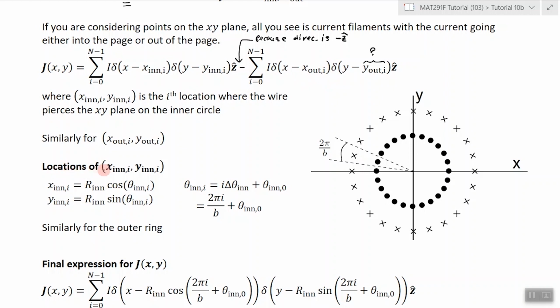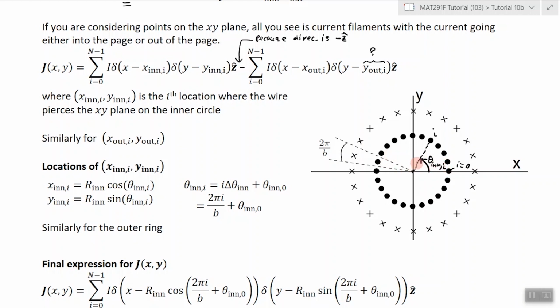Let's start with the locations for the inner circle. So it's going to be these points. Let's just pick one of these. This is going to be i equals 0, etc. This is some i equals something. You see this line makes some sort of angle with the x-axis. Let's call it theta inner i.